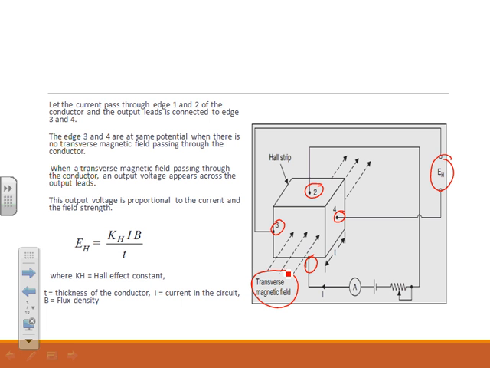When a transverse magnetic field passes through the conductor, the output voltage appears across the output leads, and that is called EH.